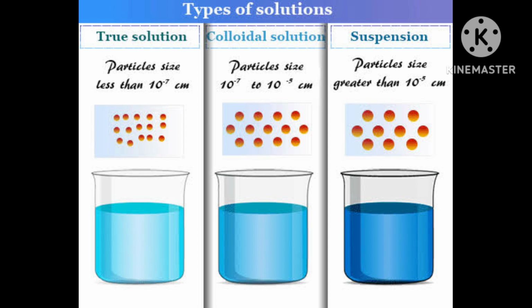Colloidal particles are larger than simple molecules, but small enough to remain suspended. It should not be very big. It should be in a position to remain suspended in the solution.